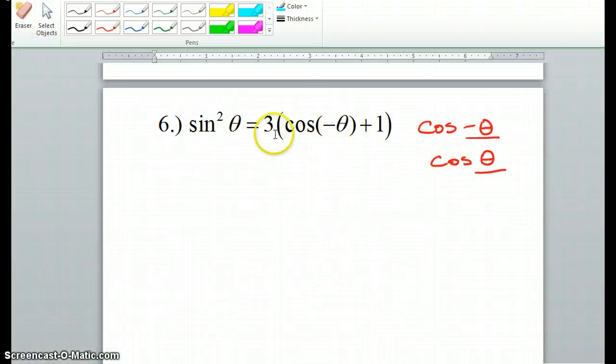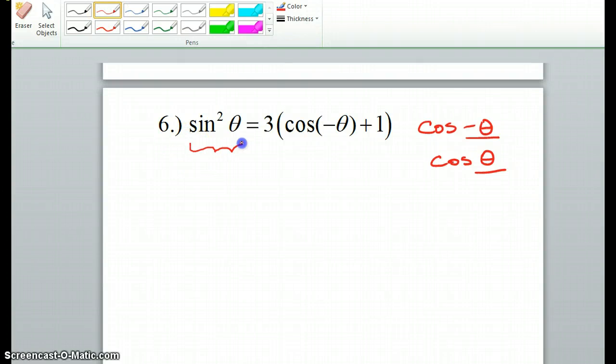So that doesn't throw off this problem at all, although you'd think it would. Again, right when you see sine squared theta and you have cosine, you've got to put it in one or the other. So I think it's better to put it in cosine since we already have the cosine. Here, sine squared we know is 1 minus cosine squared theta.